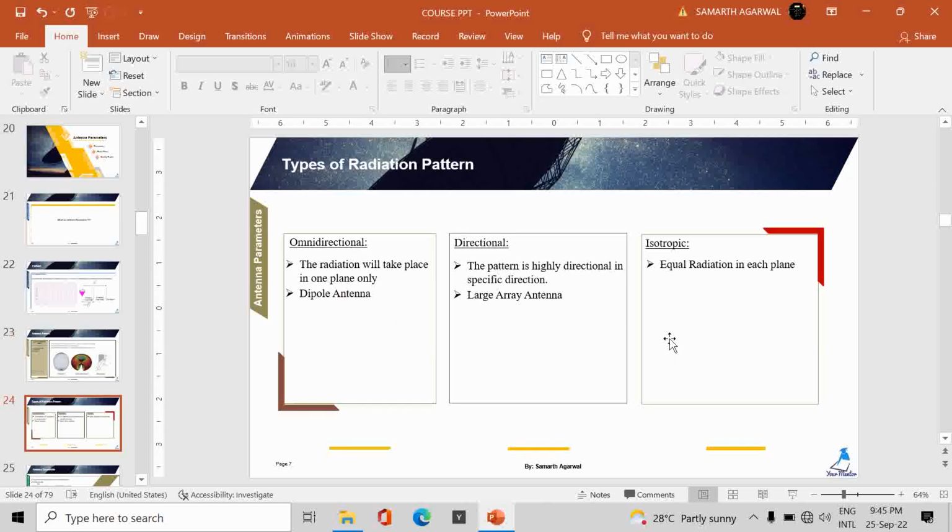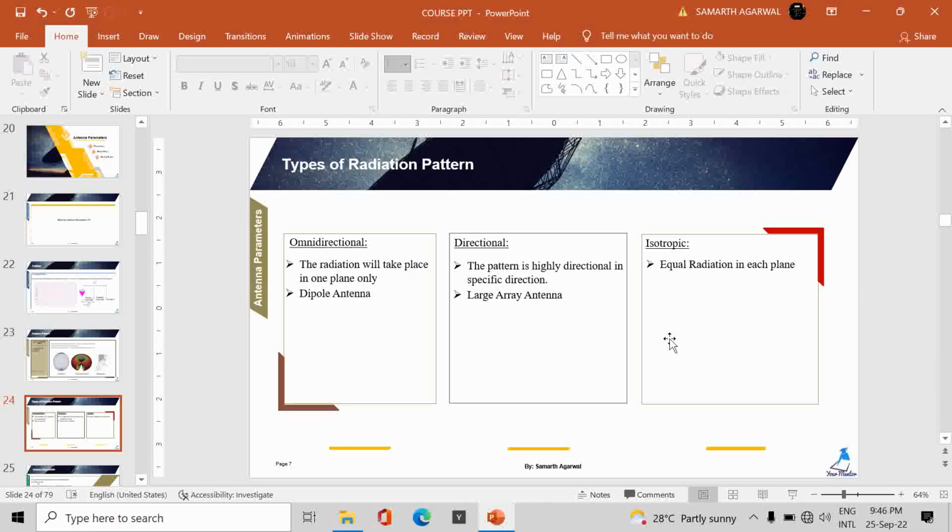Again, regarding the theoretical, omnidirectional and directional patterns: omnidirectional is the kind of pattern given by a dipole antenna or monopole antenna or any other antenna having an omnidirectional pattern, in which the radiation occurs in only one plane, either in the E plane or in the H plane.